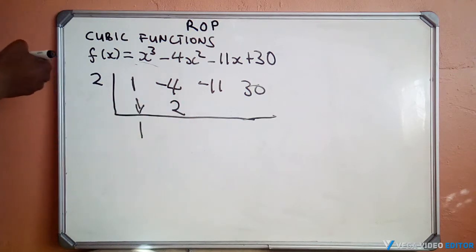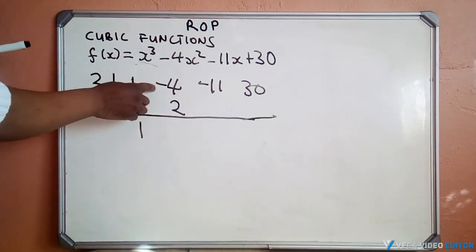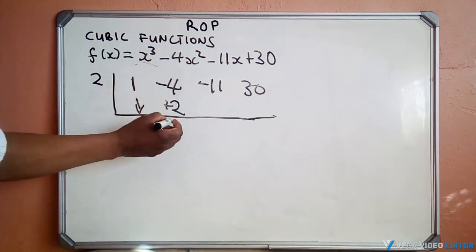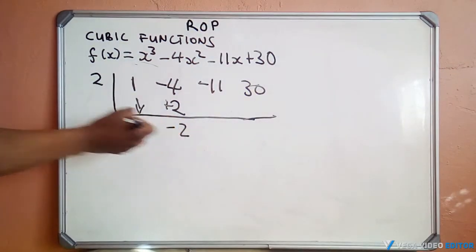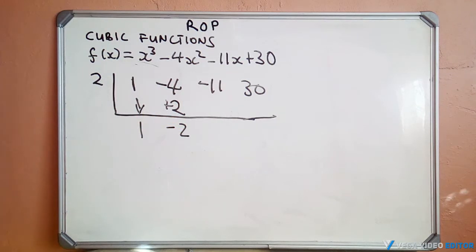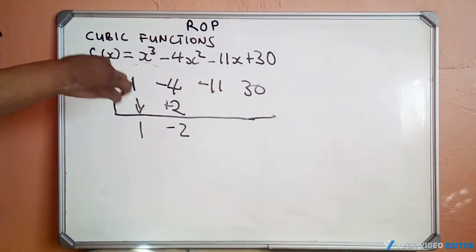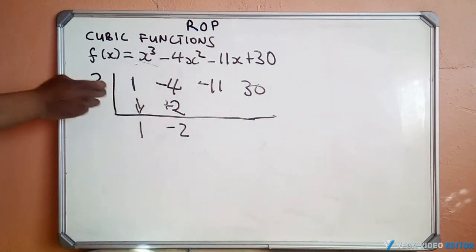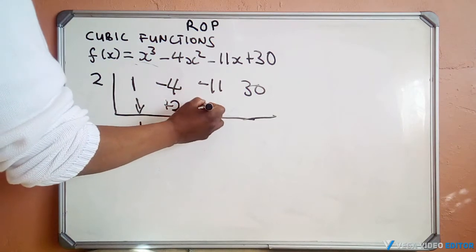Now this is minus 4 plus 2, which will give you minus 2. You see that? Next, you multiply that minus 2 by that 2. 2 times minus 2 will give you minus 4.